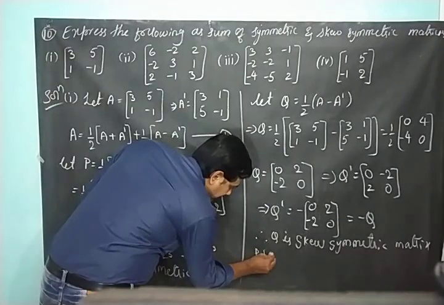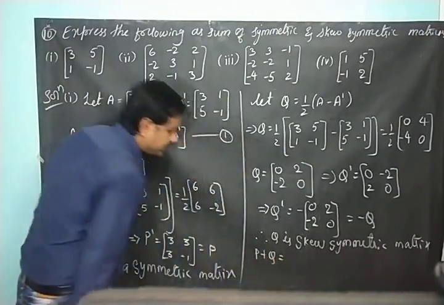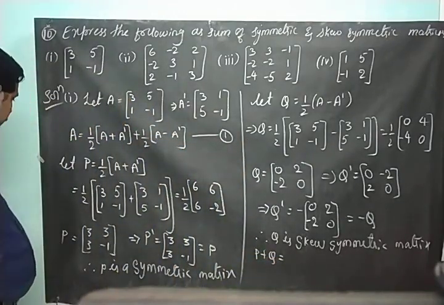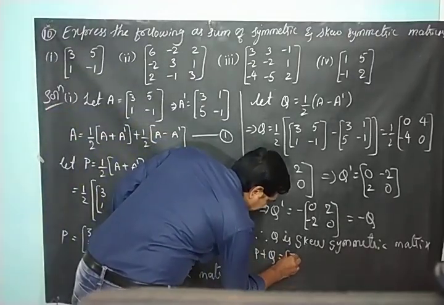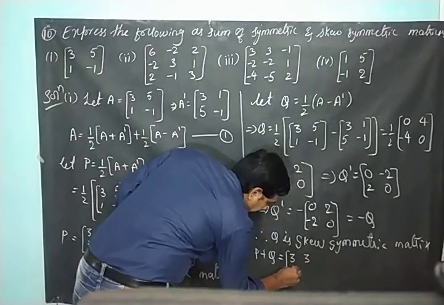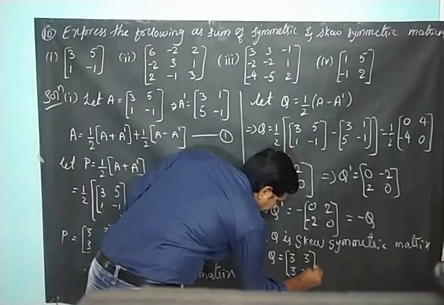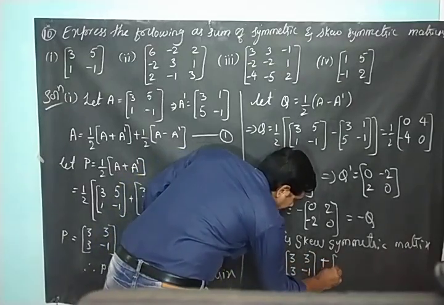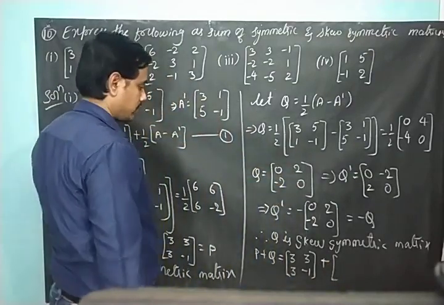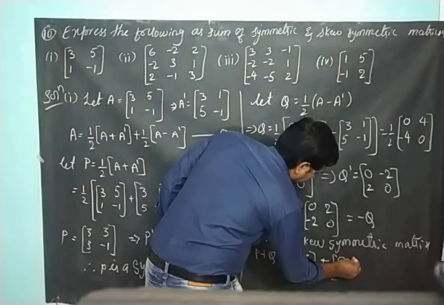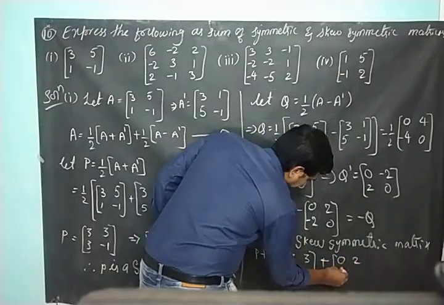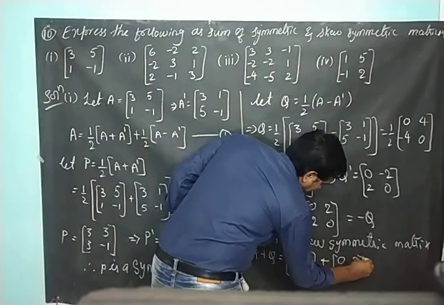So P plus Q, what do you get? P is what? 3, 3, 3, minus 1, plus Q is what? 0, 2, minus 2 and 0.